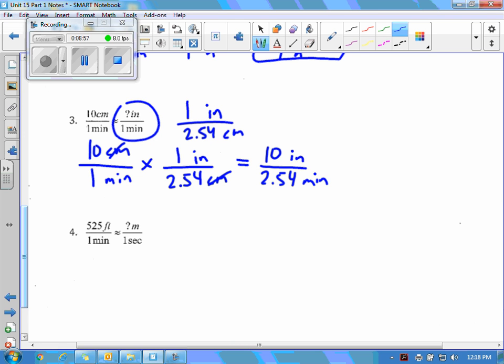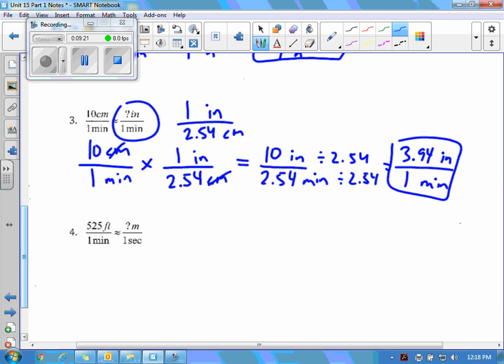So that means I need to make my denominator 1, which just means I'm going to divide the numerator and the denominator by 2.54. We talked about that earlier. So when I do 10 divided by 2.54, I get 3.94 inches, and then over my 1 minute. So that's approximately my answer.